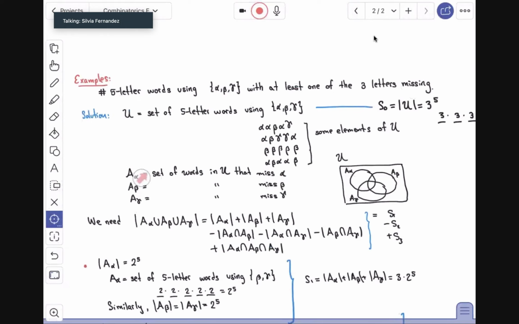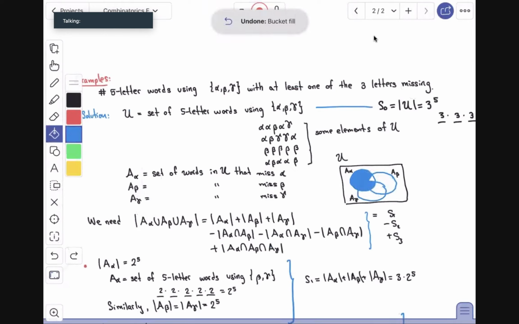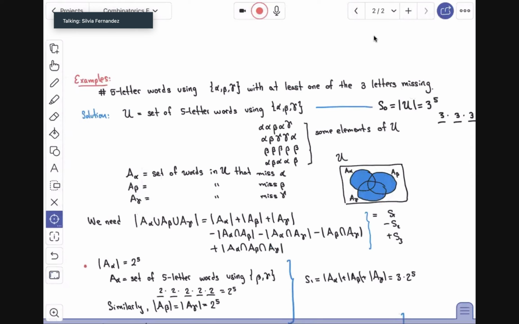So this is how I created my sets. And so what we're looking for is all of this. So I'm looking for all of that. Because I want that type of union, I know I can use the inclusion-exclusion principle, and this is the way to use it. So here, this is just restating the inclusion-exclusion principle.